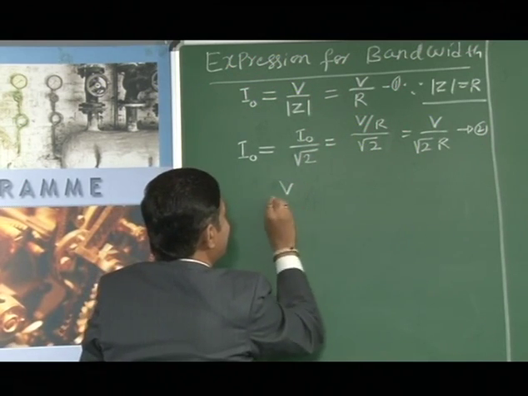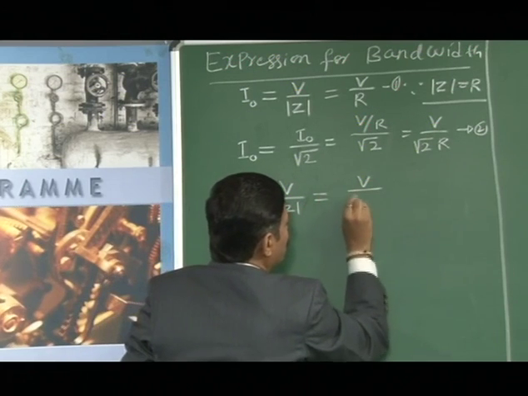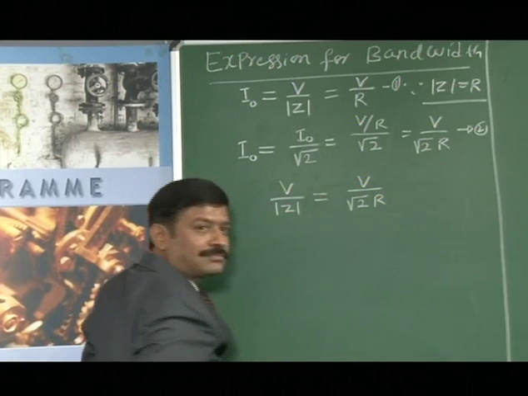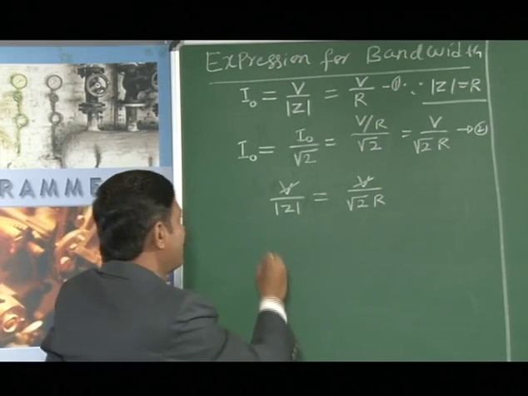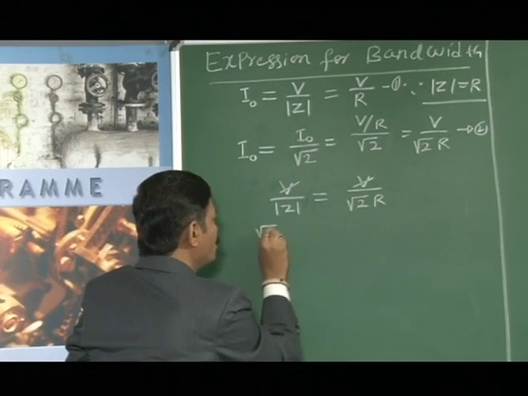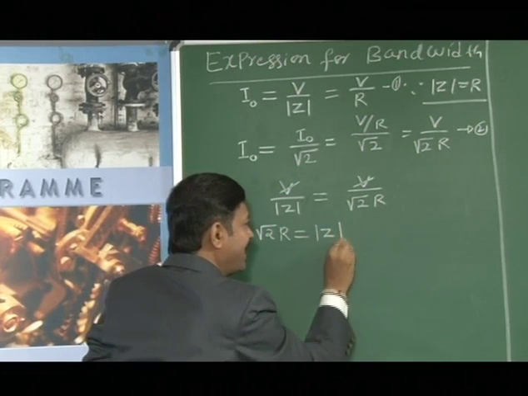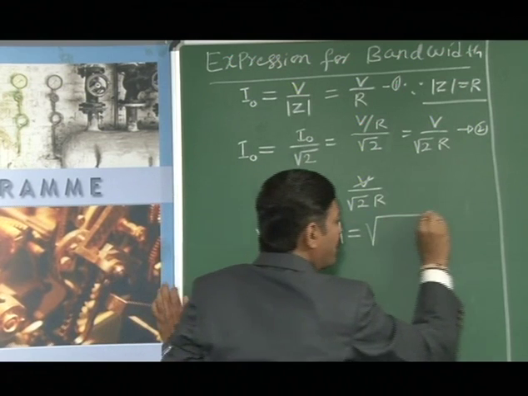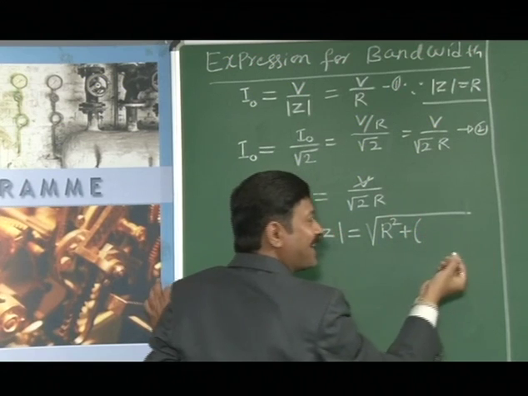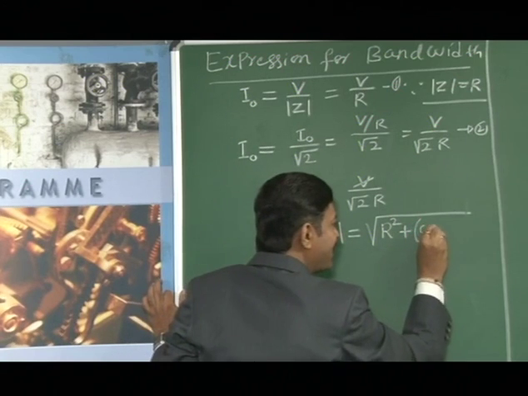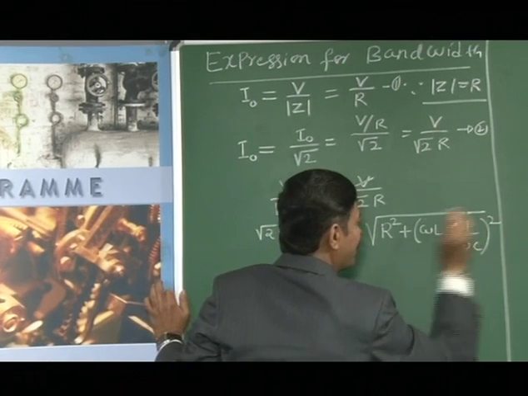V by magnitude of Z is equal to V by root 2 times R. V and V cancel, and we can write root 2 R is equal to magnitude of Z, that can be written as root of R square plus (XL minus XC) whole square, that I will write as omega L minus 1 by omega C whole square.